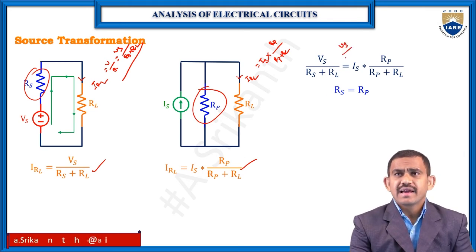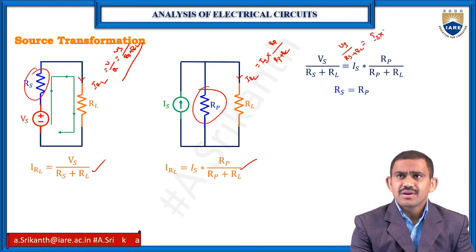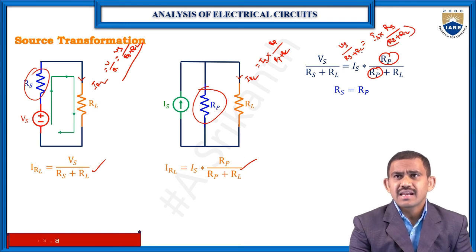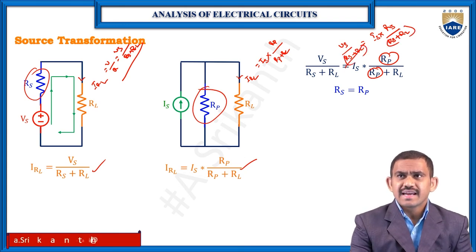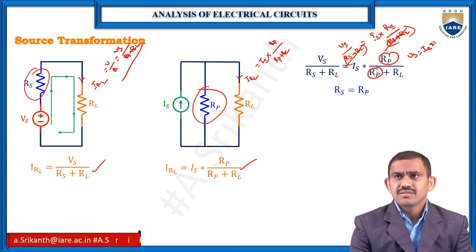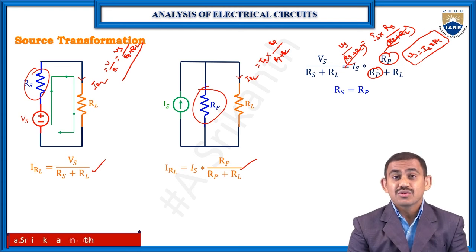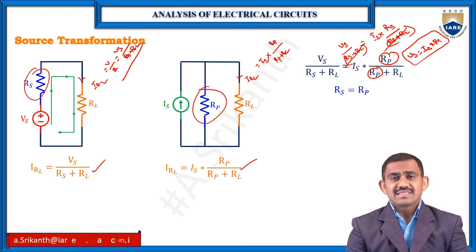So Vs by Rs plus RL equals Is into Rs by Rs plus RL. At the Rp place, replace with Rs. Then Rs plus RL gets cancelled, and Vs equals Is into Rs. Source voltage equals source current into internal resistance.